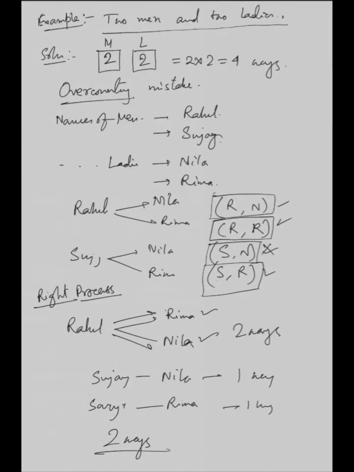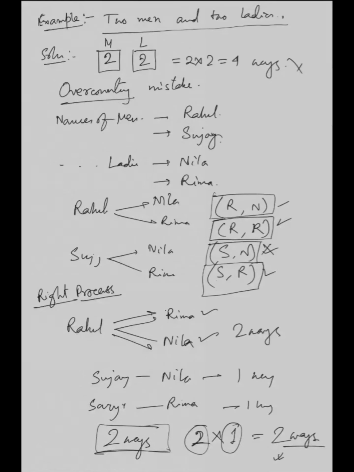In how many ways is Rahul choosing Rima or Neela? In two ways, and Sujoy would then choose in only one way, because only one person would be left for Sujoy. So the right number of ways of selection would be only two, not four.